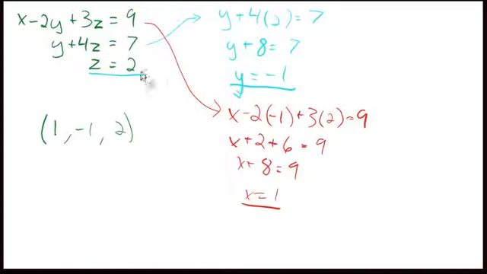We took z and we went back to this equation and we substituted it for z. And we took z and y, once we found y, went back to this one, we substituted for y and z and found x. So that method of substituting, first into here and then into here, is called back substitution.